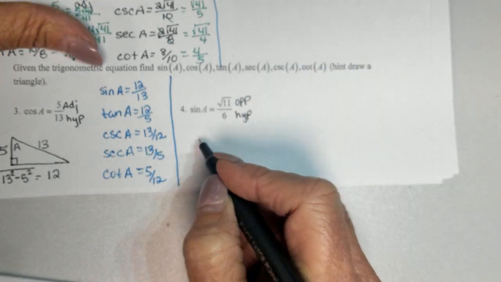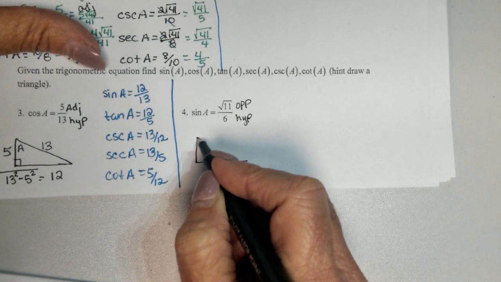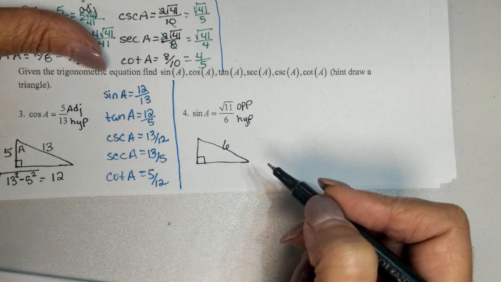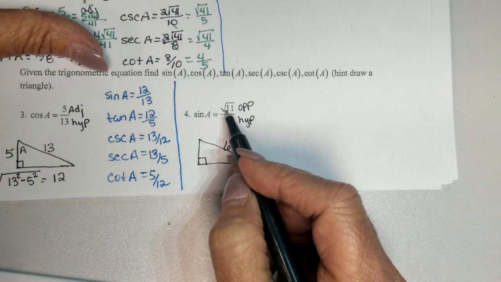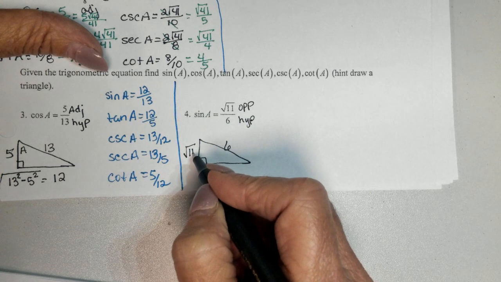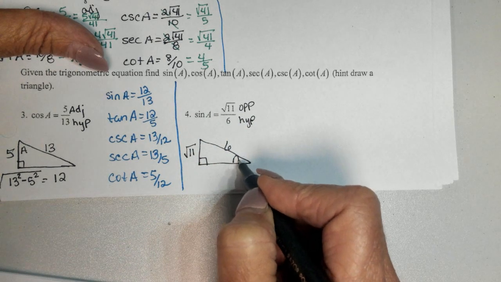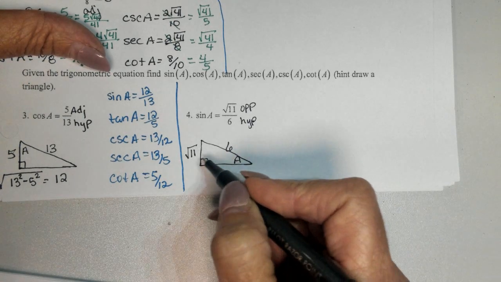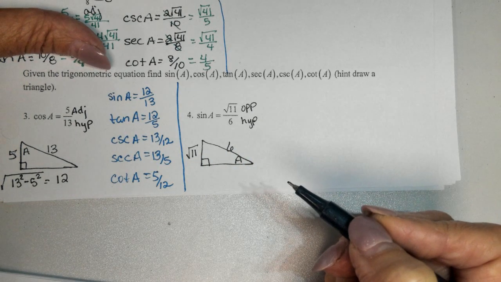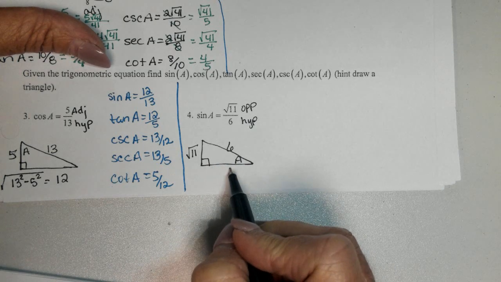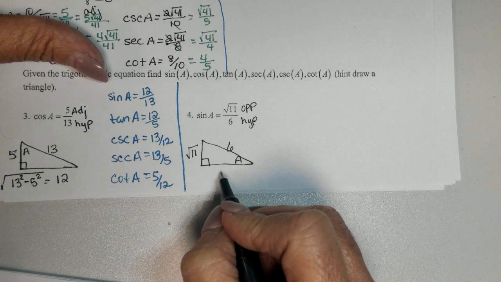So if I were to draw my right triangle, I know my hypotenuse is 6. My leg is root 11, and it's opposite the angle. So this time I'm going to put my angle over here because I have to draw it across from the side that I know.